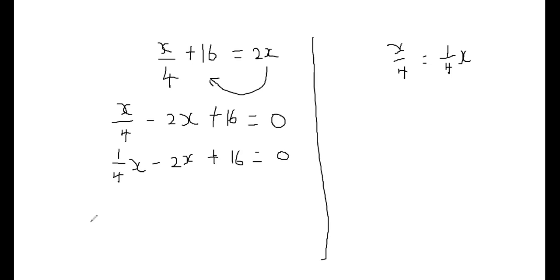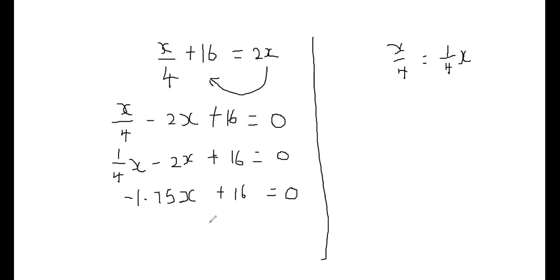Minus 1.75, use a calculator again. A quarter in decimal is 0.25. So put 0.25 minus 2. So we get minus, let me use decimals, minus 1.75. Don't forget the x, right? Remember, minus 1.75x plus 16 equals 0. So you're making x the subject.